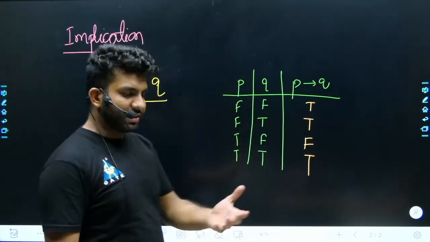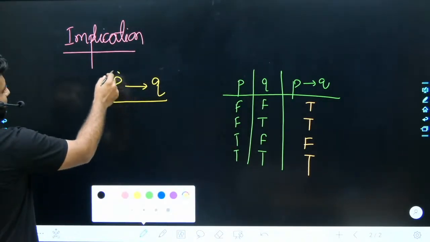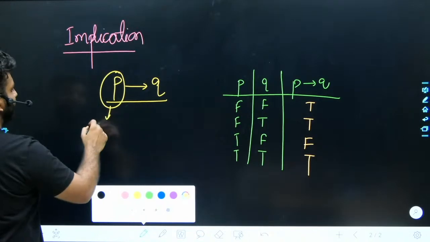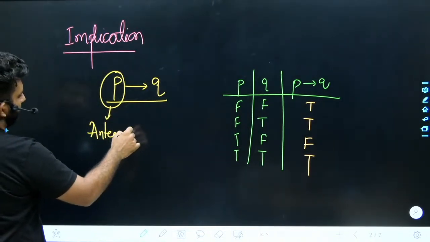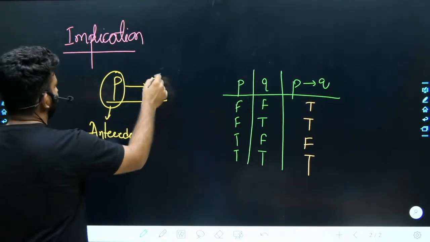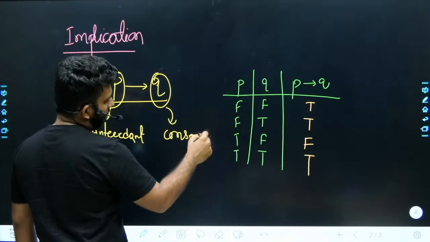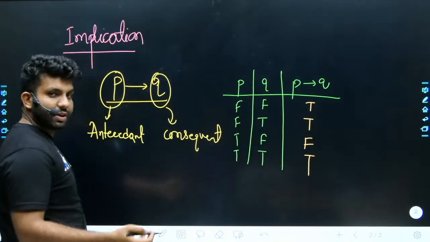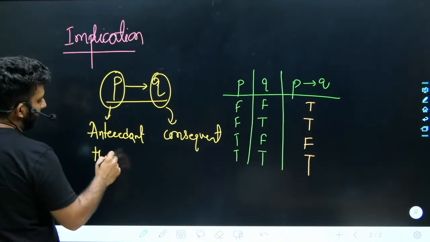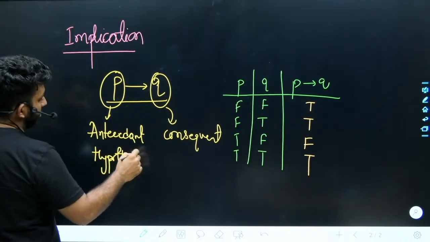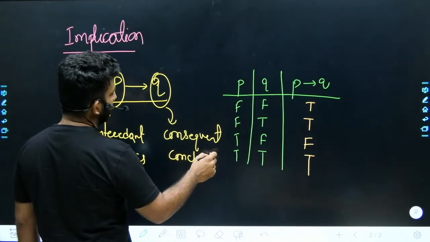If you remember, we have already discussed that this part is called the antecedent, and this is called the consequent. Or alternatively you can also say, this is the hypothesis, and this is the conclusion.